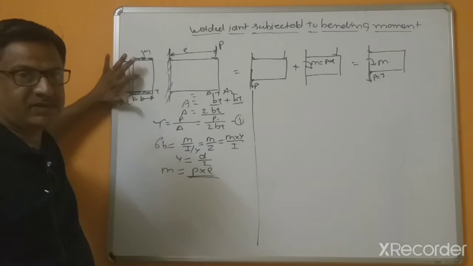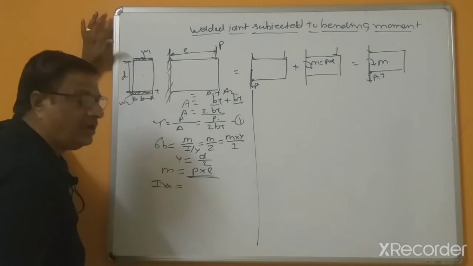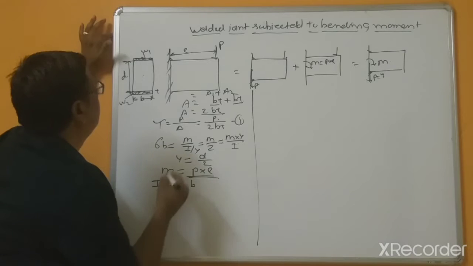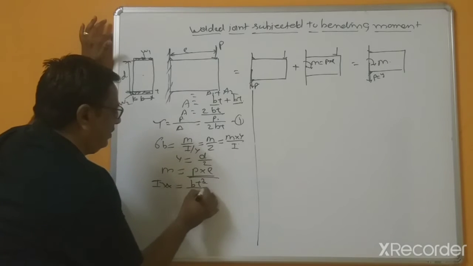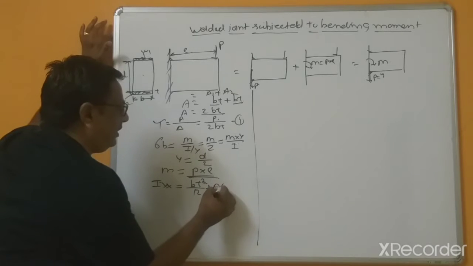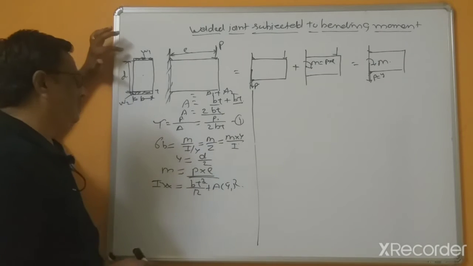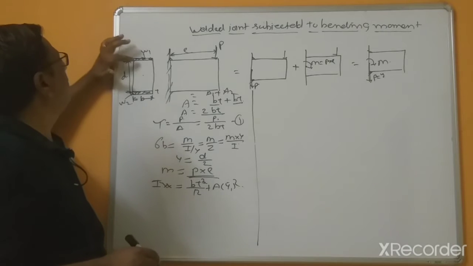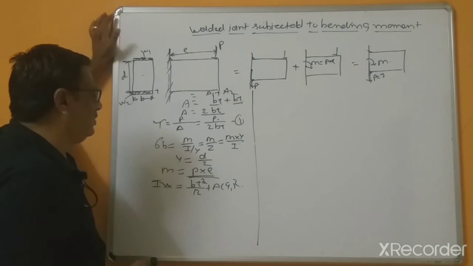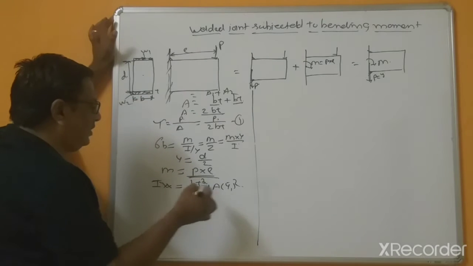For this case, moment of inertia about the x-x axis using the parallel axis theorem equals bt cube divided by 12 plus area multiplied by y1 squared. Here y1 is the distance of the centroid of the weld, which is d by 2.